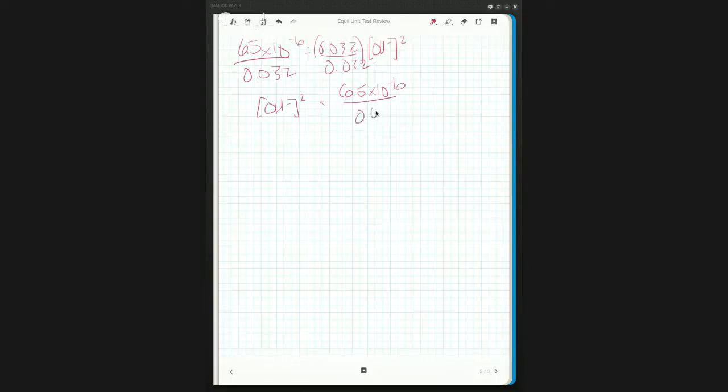Let me pull my calculator for this: 6.5 exponent negative 6 divided by 0.032 gives me 2.03125 times 10 to the negative fourth. I'm going to square root that.